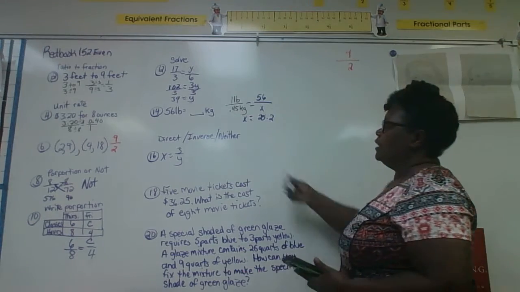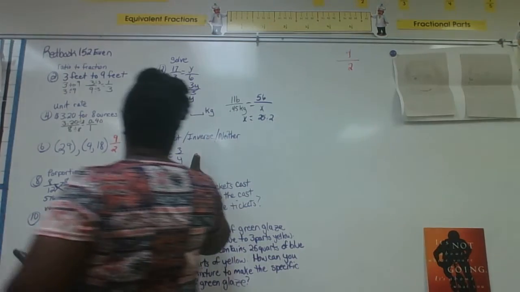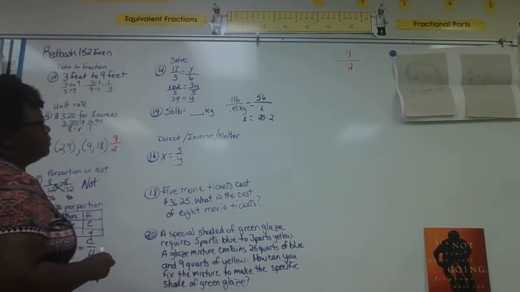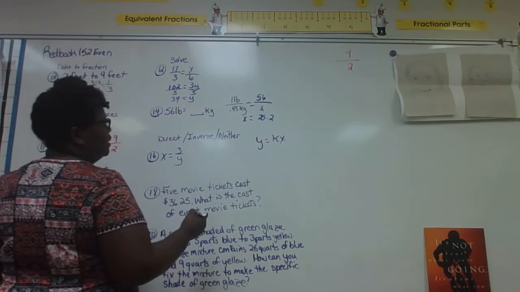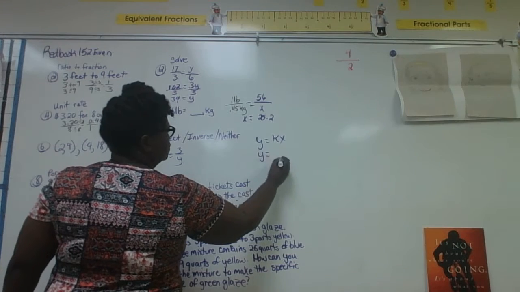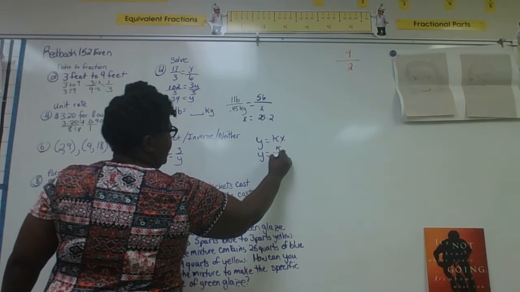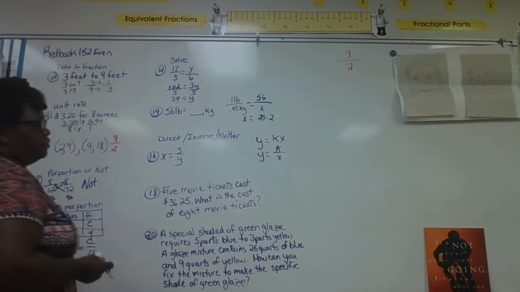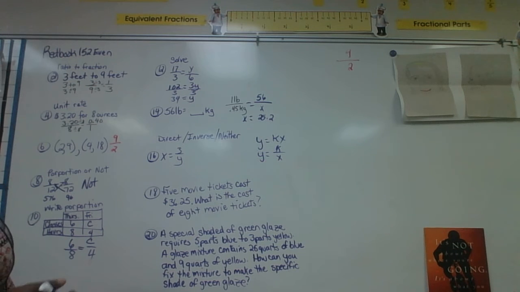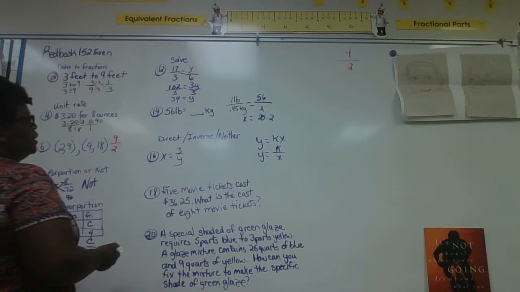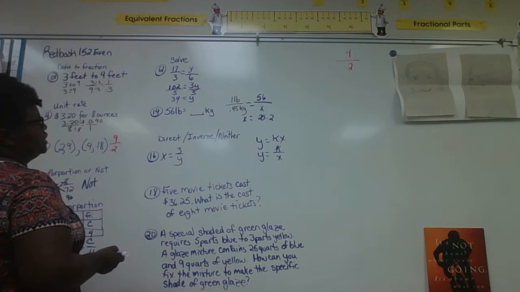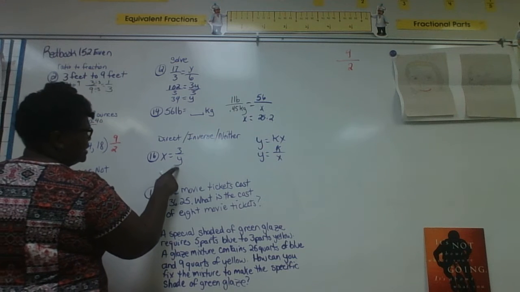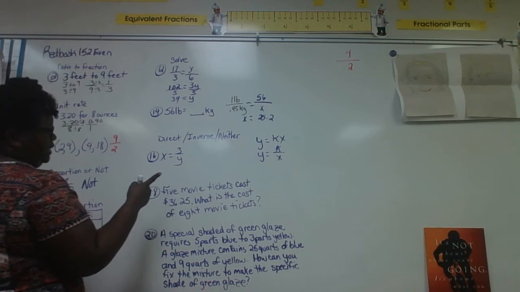Okay? Now, here we must discover if this is direct, inverse, or neither. Remember, direct is y is equal to kx. Inverse would be y is equal to k over x, and then neither, okay, if y is either in the numerator or the denominator, okay? Now, let's take a look. X is equal to 3 over y. We need to get y out of the denominator, okay?